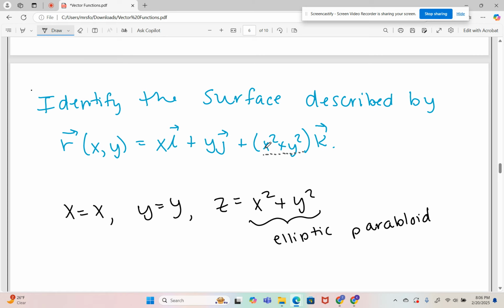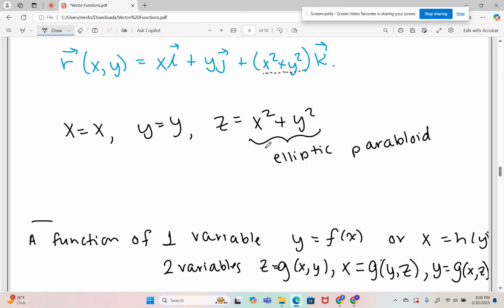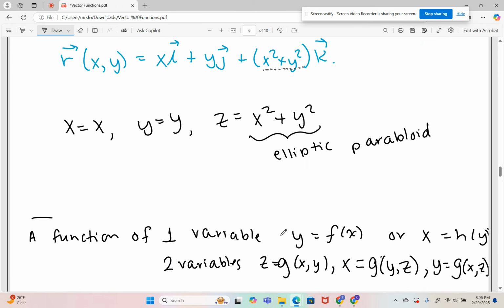But then I want to just kind of go over when you have a function of one variable, your y equals f of x. So y is a function of x. Or you can say x is a function of y. So you can change everything in terms of x here. And what we did in this r of x, y, we took z and put it in two variables. z became a function of x and y.